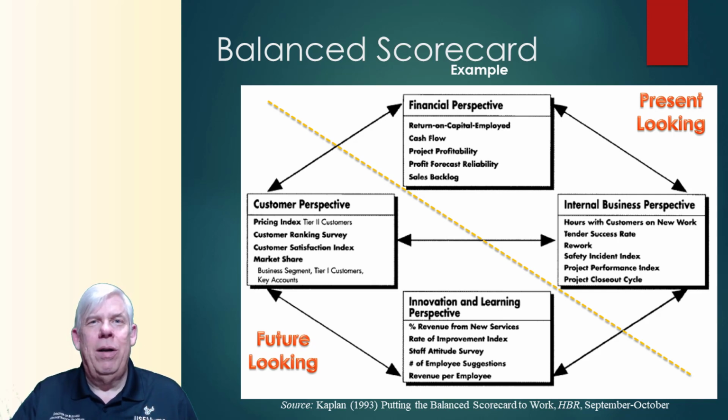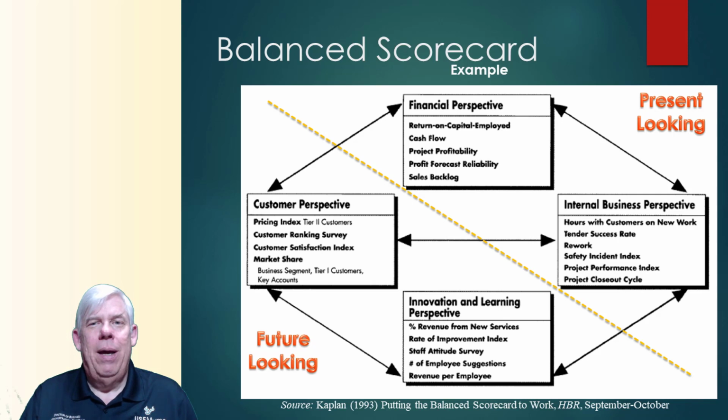And the scorecard consists of scoring the company on financial metrics, on internal business perspective, this is operational metrics, on the perspective of the customers, and on the perspective of whether the firm is able to innovate and learn from its environment.